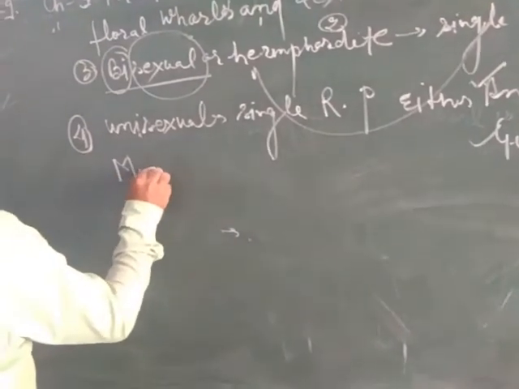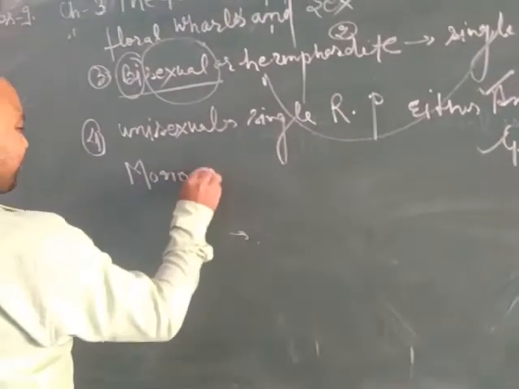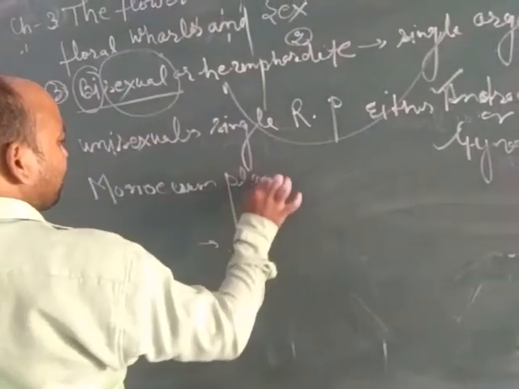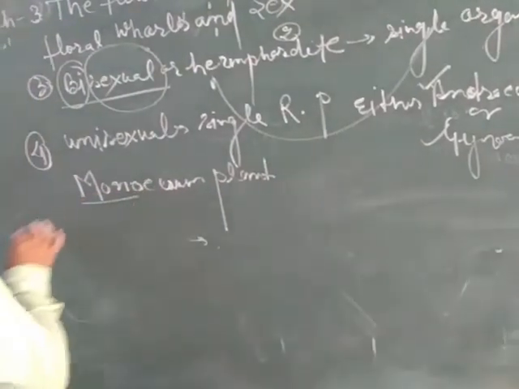Monoecious plant. What is a monoecious plant? Mono means single.